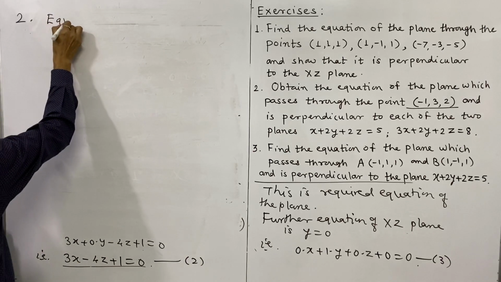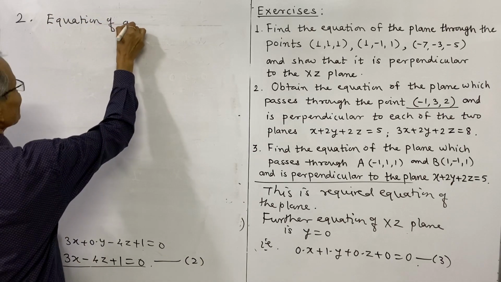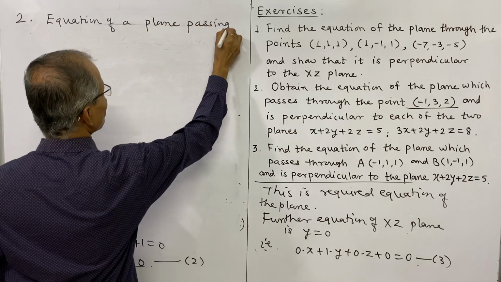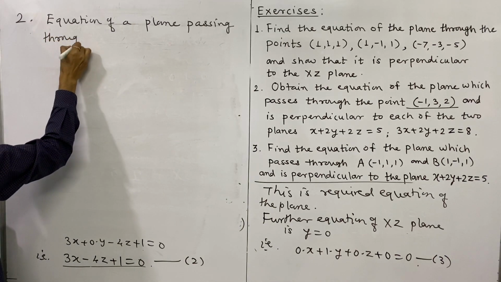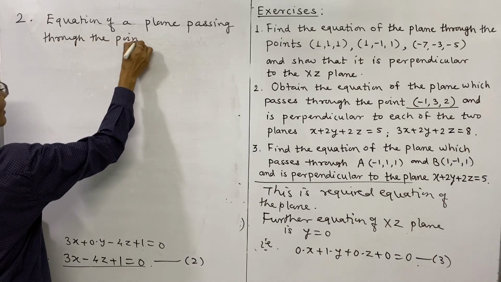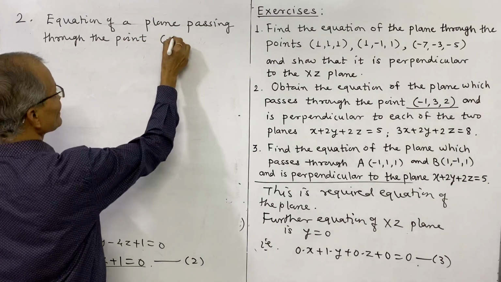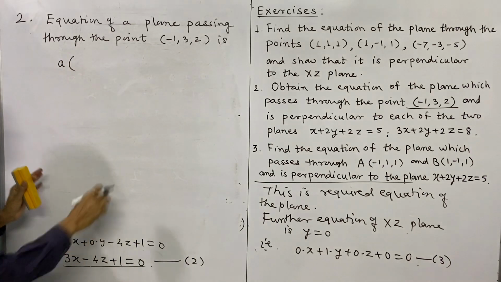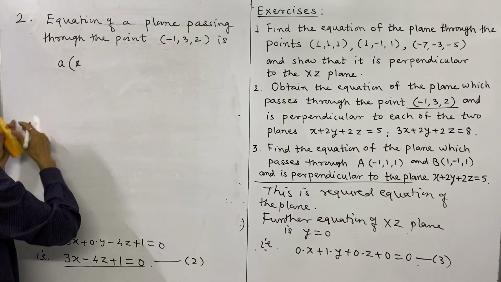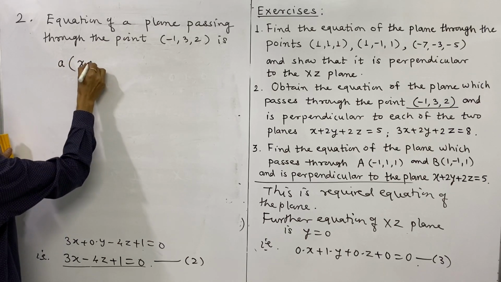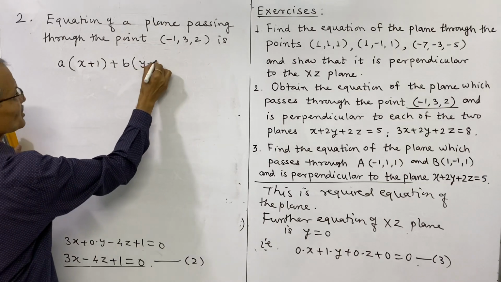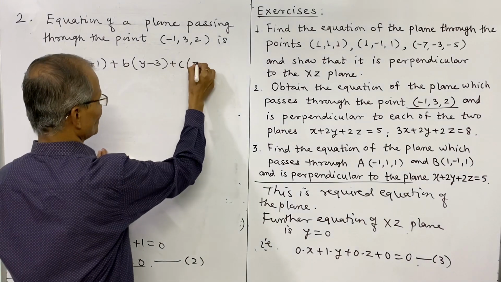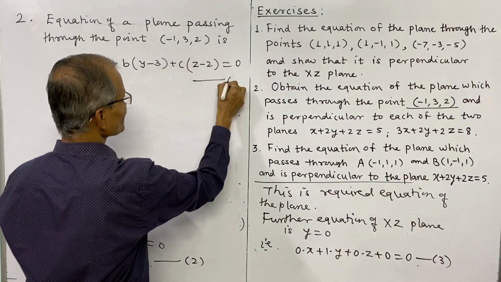Equation of plane passing through the point minus 1, 3, 2 is, as earlier, A into x minus minus 1, that is x plus 1, plus B into y minus 3 plus C into z minus 2 is equal to 0. We suppose that as 1.